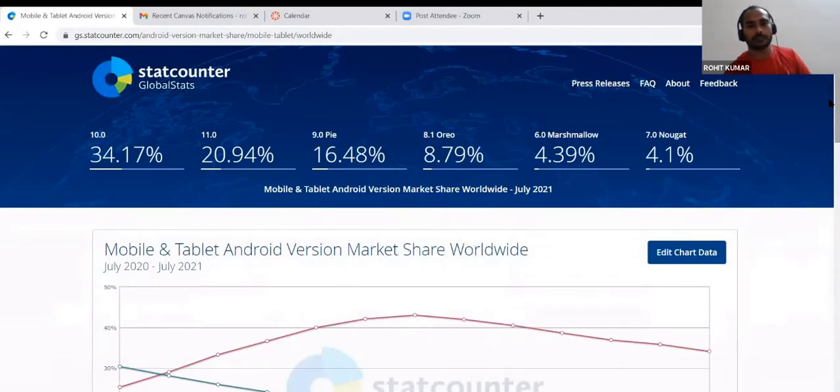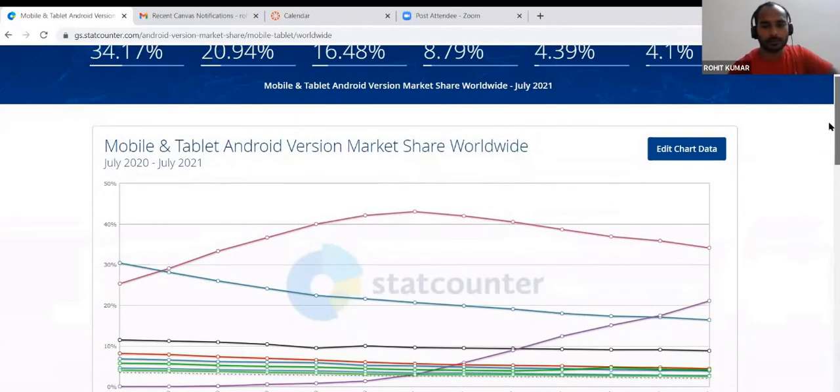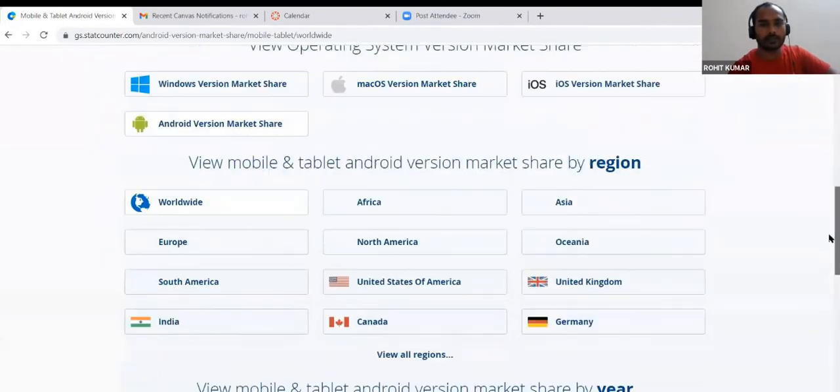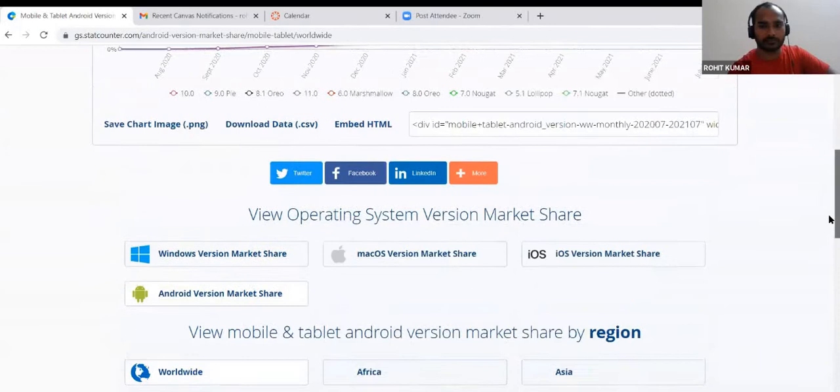In this way you can see the support of different OSs, and you can understand the current market condition.